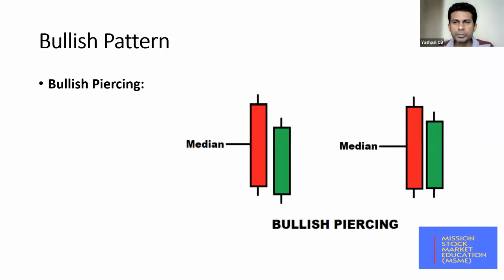Next pattern is the bullish piercing. Here the first day is a bearish candle, followed by prices that may open almost equal or a little bit down, no problem, but it has to close above the median of the first candle. Then it is called bullish piercing.